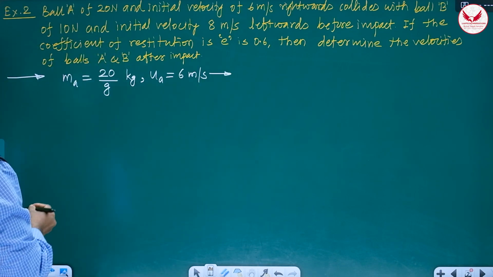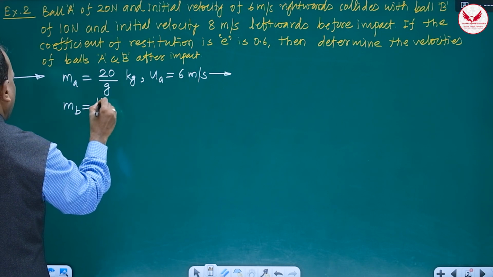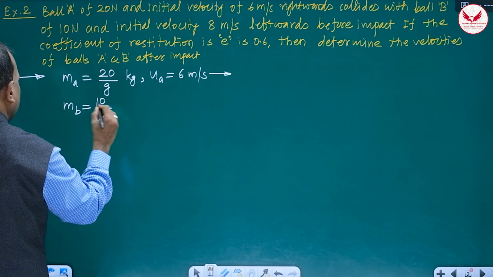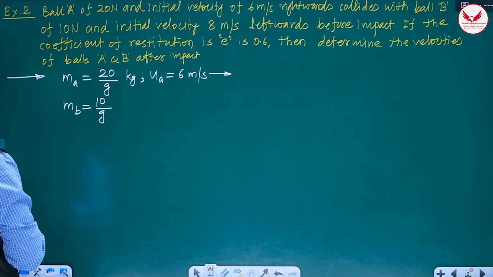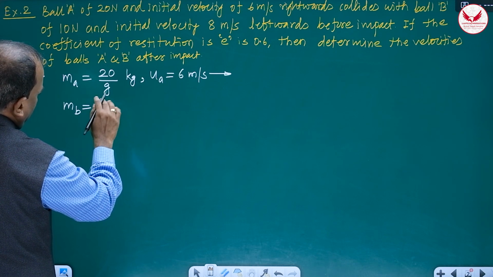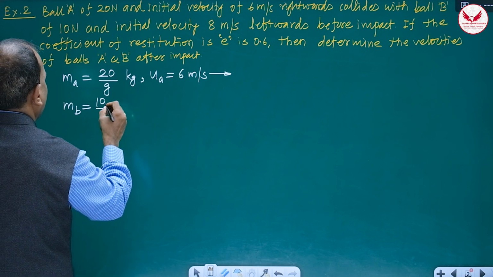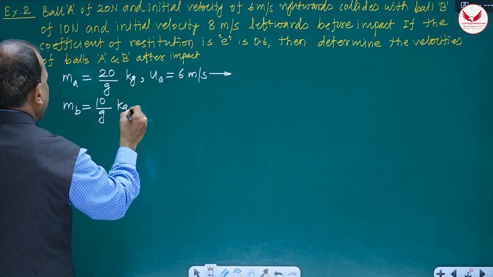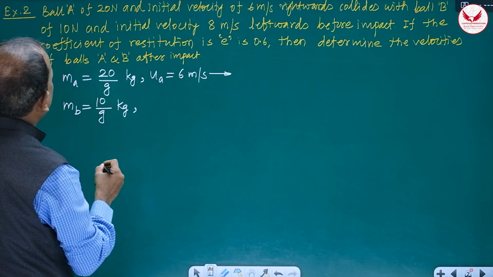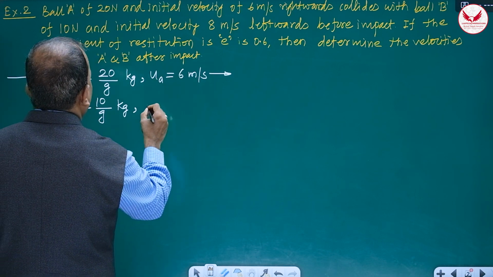Collides with the ball B of 10 Newton, MB will be what? 10 Newton means 10 by G. Weight means mg, so the g will get cancelled and we get the mass 10 by g kg, and the initial velocity 8 meters per second leftwards.